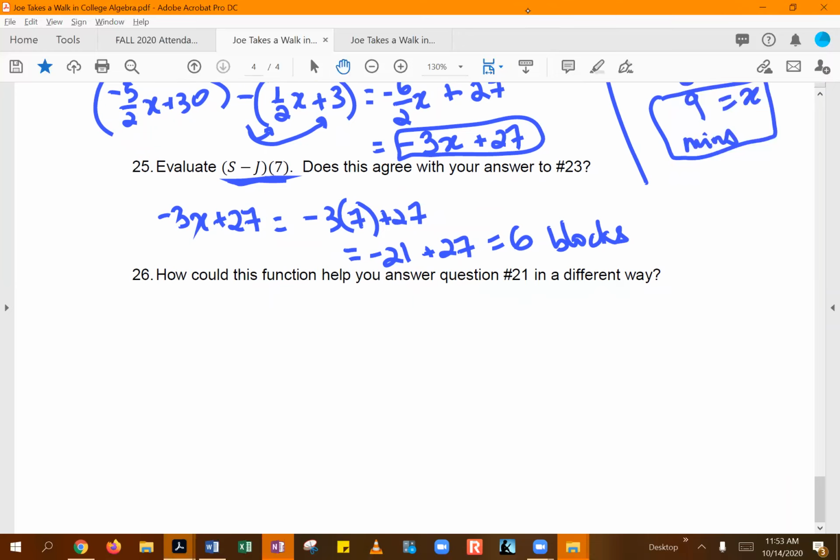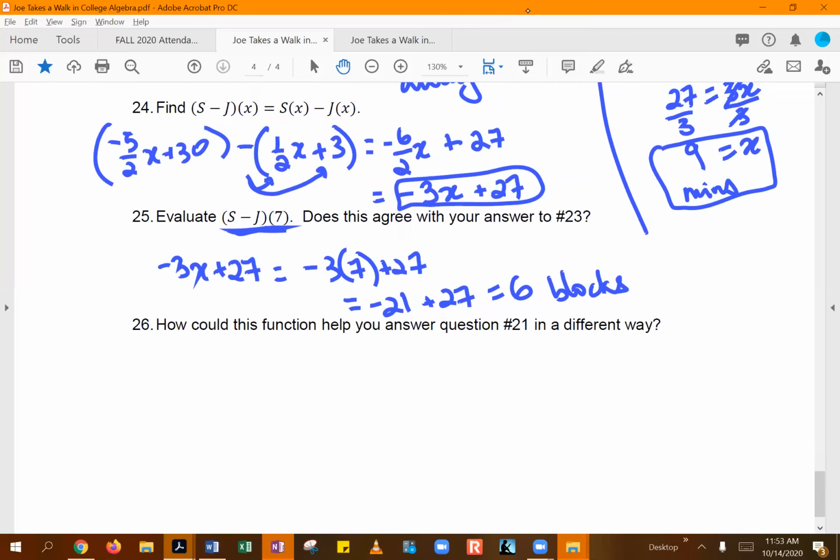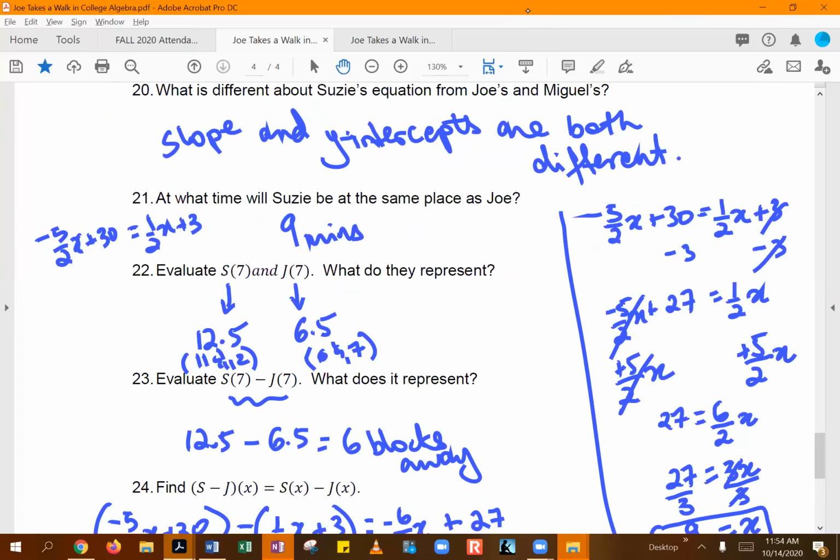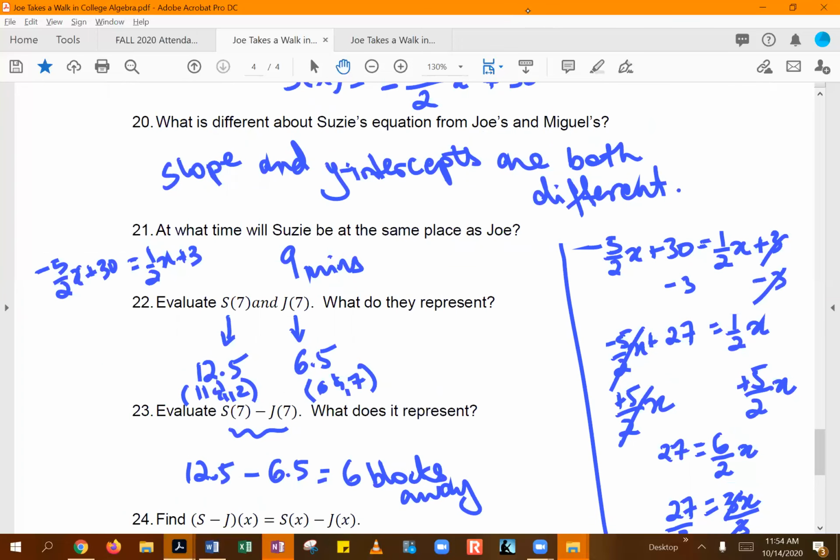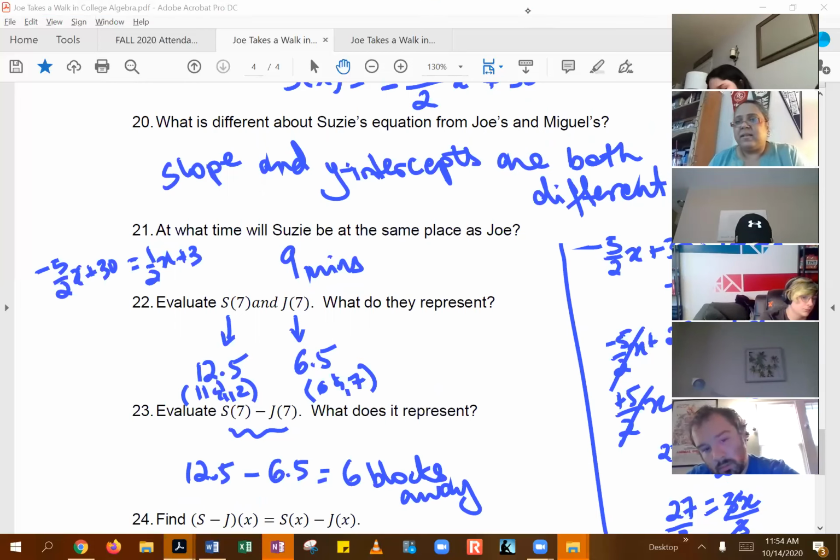So now they want to know, how could this function help you answer number 21 in a different way? And that's this -3x plus 27 that we came up with. What would we have done to come up with the answer for number 21, where they were asking us at what time would Susie and Joe be in the same place?